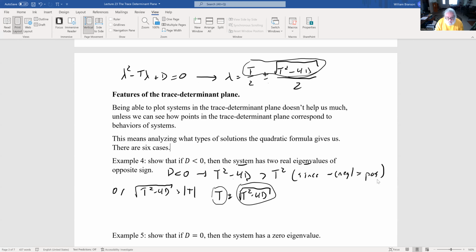So if, say, t is greater than 0, then t plus the square root of t squared minus 4d, since they're both positive, will definitely be greater than 0. But t minus the square root of t squared minus 4d will be less than 0, because the root is the bigger number, and t minus that is less than 0. So if d is less than 0, you have two real eigenvalues with opposite sign.